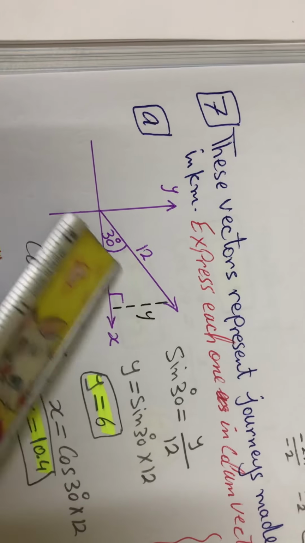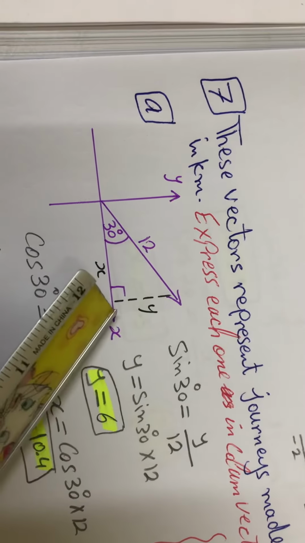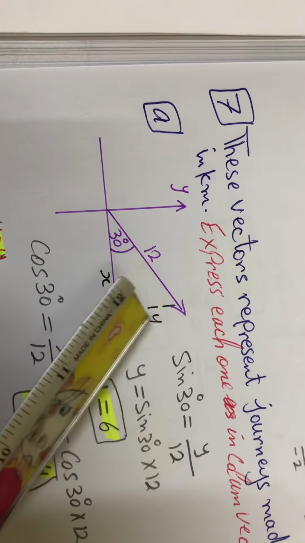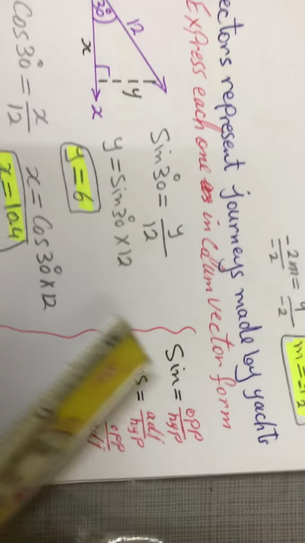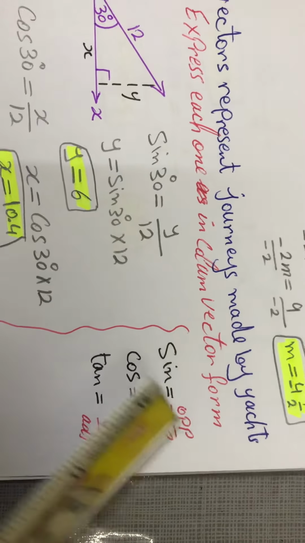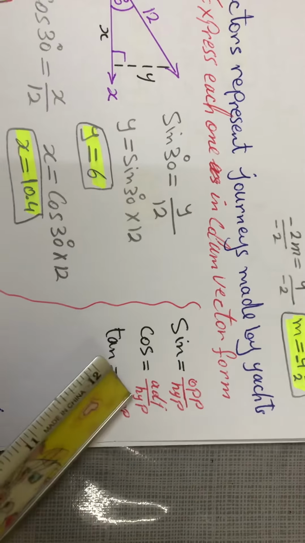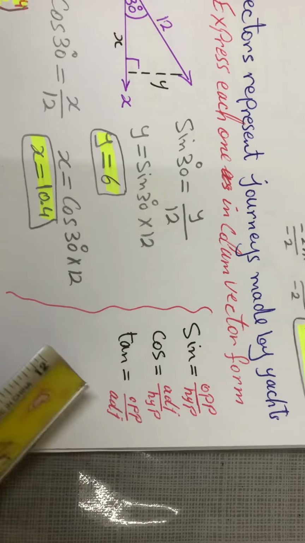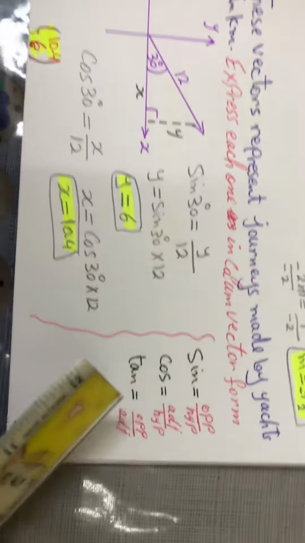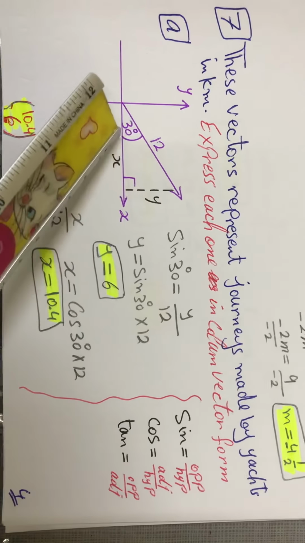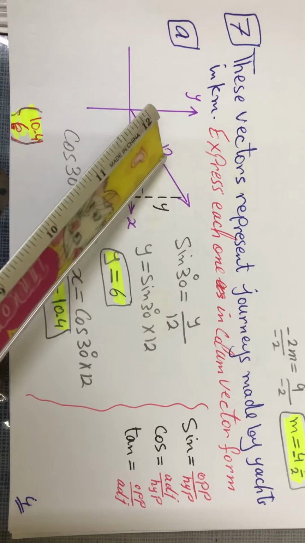Okay, I want to find the length of y and the length of x. Remember with me that sine equals opposite over hypotenuse, cosine equals adjacent over hypotenuse, and tan equals opposite over adjacent. Here I want to find y, and y is opposite to 30, and this is the hypotenuse.